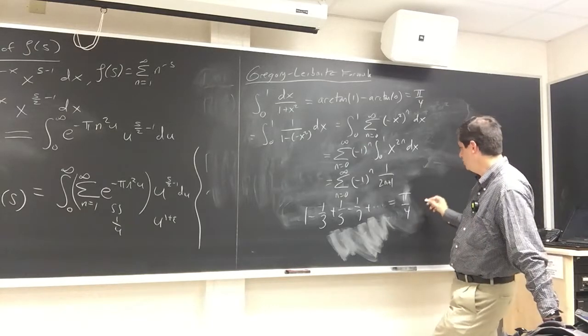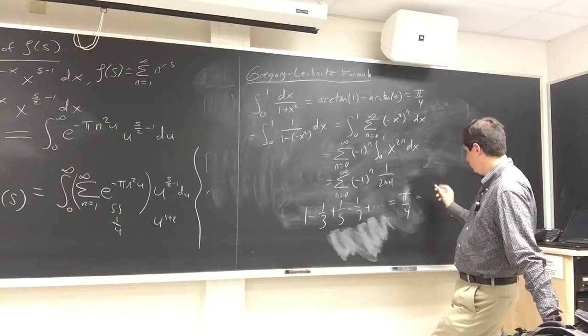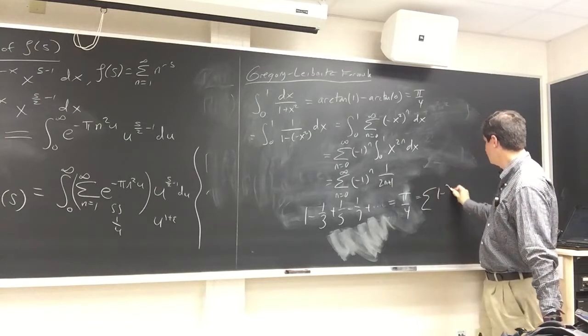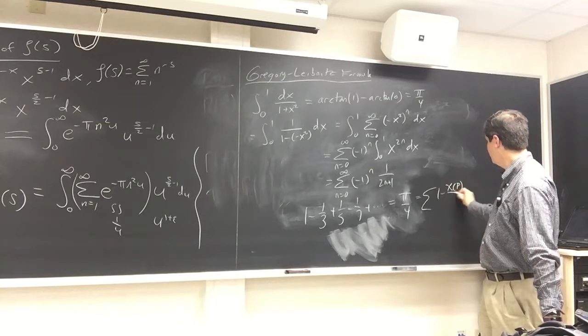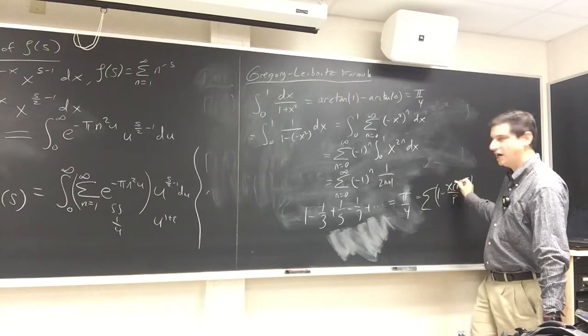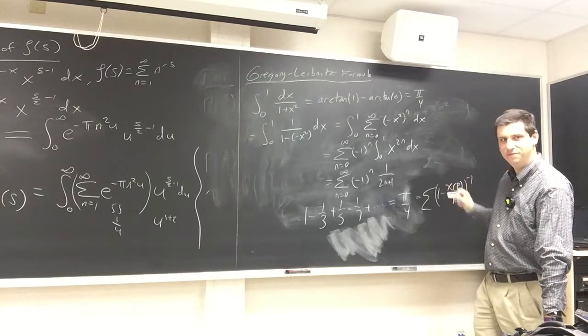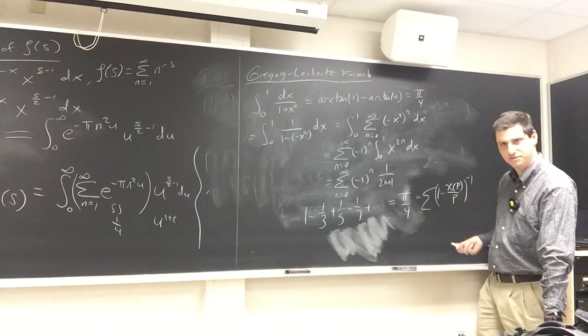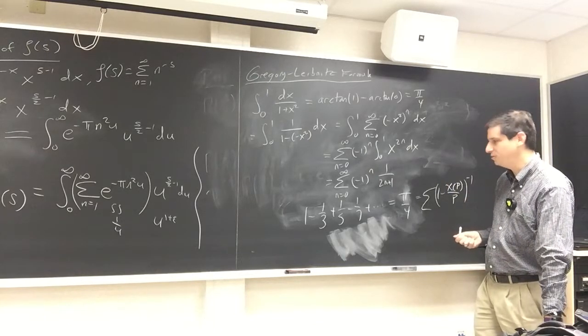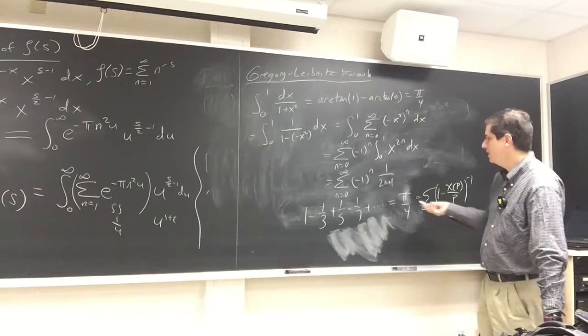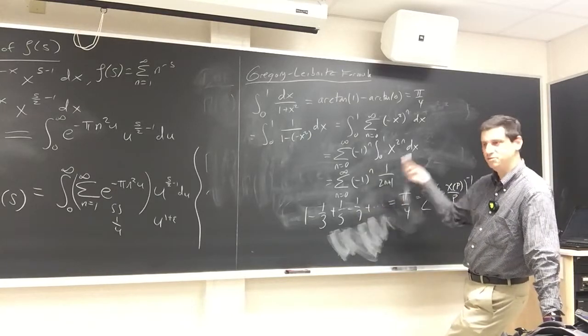So the product would be the product of 1 minus chi of p over p, to the minus 1, where chi of p is 0 if p is 2, it's 1 if p is 1 mod 4, and it's negative 1 if p is 3 mod 4. And then if there were only finitely many primes, it would be a finite product.